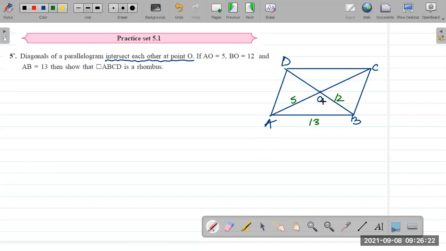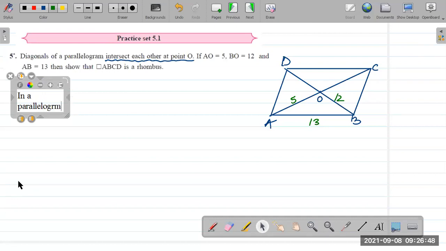All right. So to prove that this is a rhombus, remember students, this is another important property: if the diagonals bisect each other, then we say that it's a rhombus.